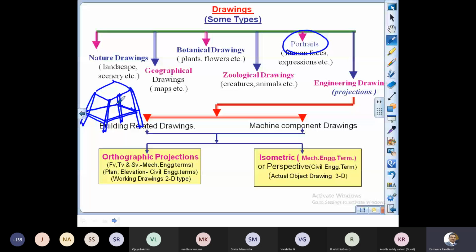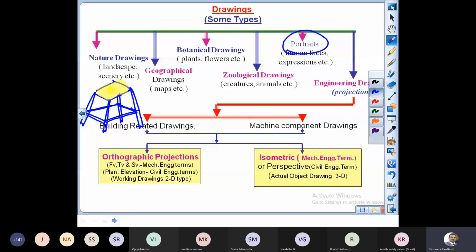This is how the stool will be, right? Is it clear? This is the stool.